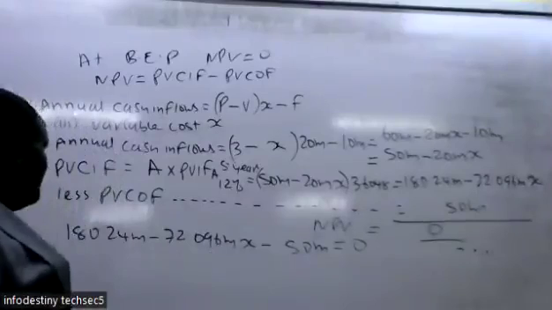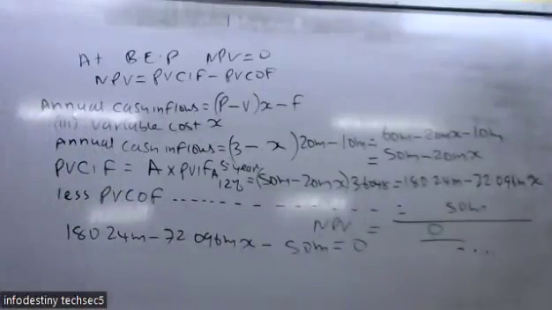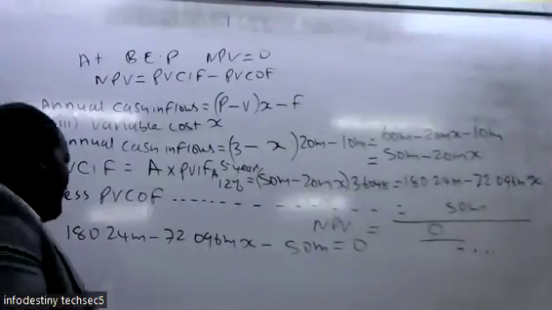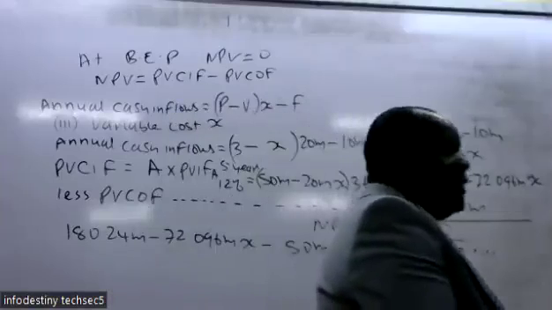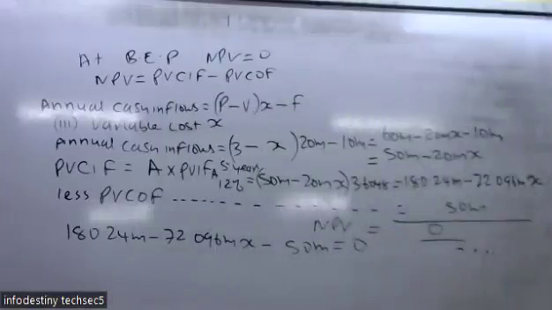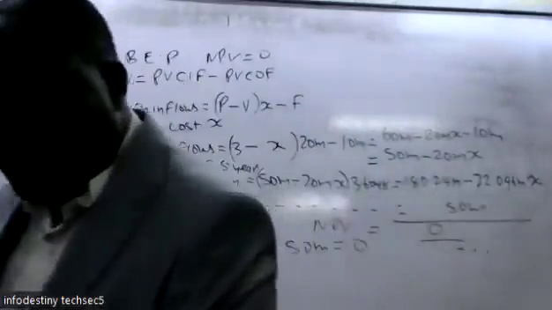When we subtract 50 million from 180.24, we are left with 130.24, which should be equal to 72.096 million X. So we simply take 130.24 millions divided by 72.096 millions, so that we make X the subject.